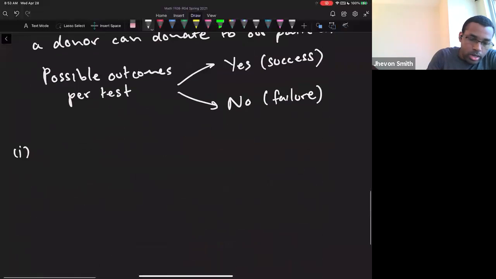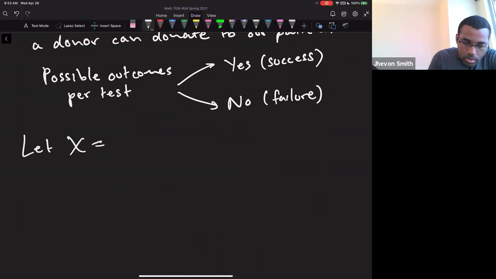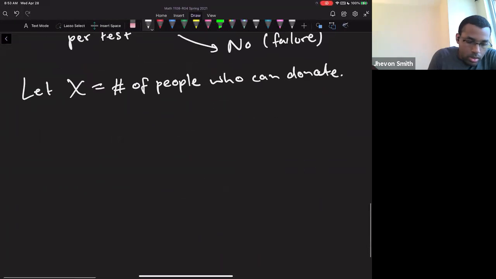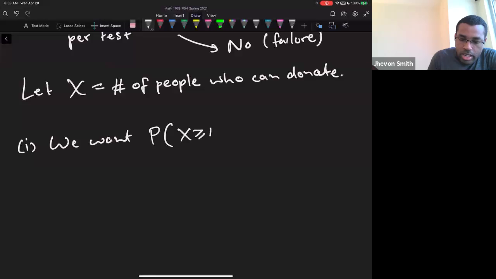So what I'll do here is let X be the number of successes, right, which is 1 unit per person. Now what we want here is the probability that X is greater than or equal to 1, right?